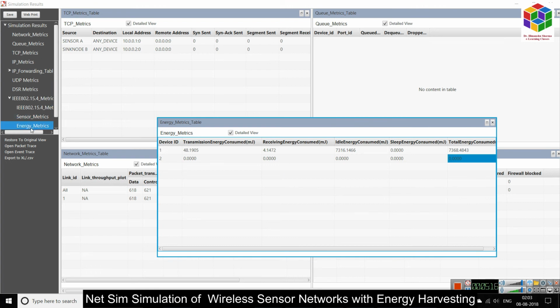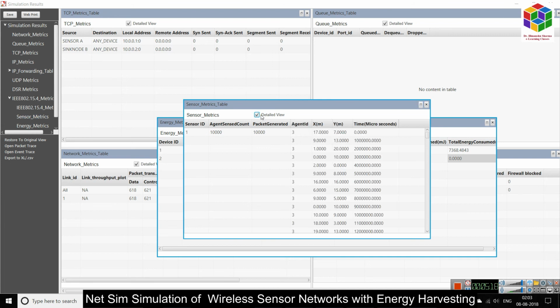We can see the other metrics like sensor metric. It shows 10,000 packets are generated and sent to the gateway node at different distance and different times.